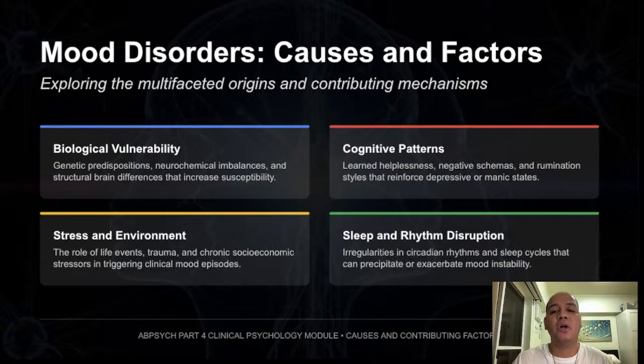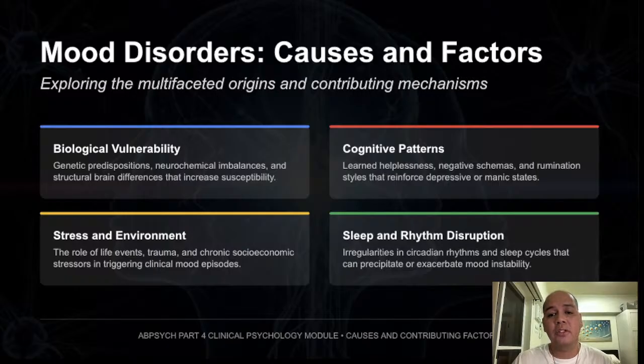Now, let's talk about the causes and contributing factors to mood disorders. Now, mood disorders do not come from one single cause. They usually develop through the interaction of biological vulnerability, psychological patterns, stressful life events, social context, and ongoing habits or routines.